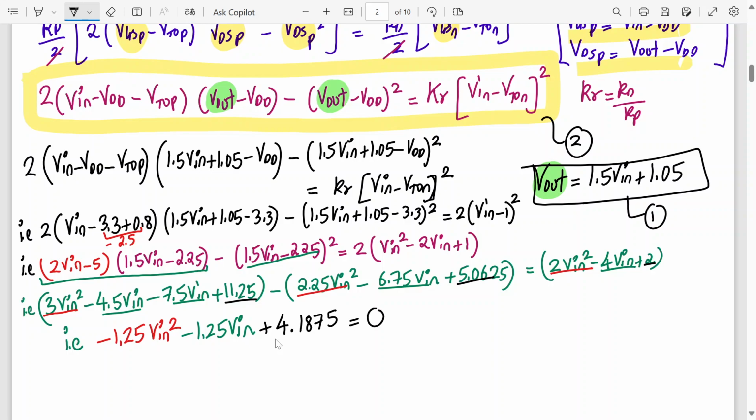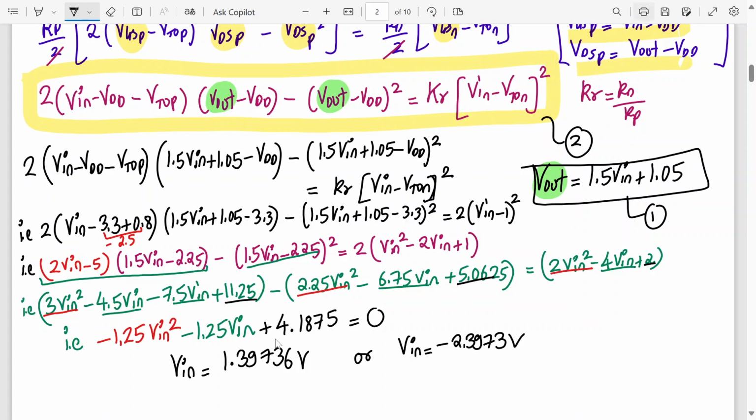Solve this in your calculators and let me know the answer. You have to be very careful in this. So you will get two values of V in, since it's a quadratic. One value I am getting is 1.39736. The other value is V in is minus 2.3973.